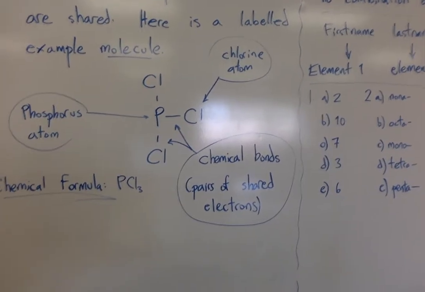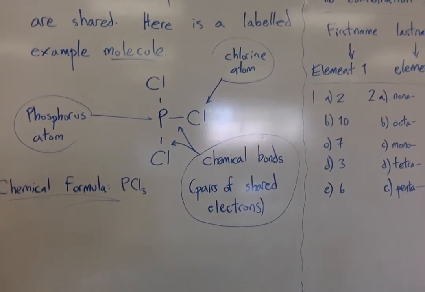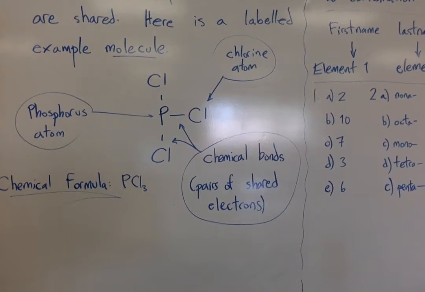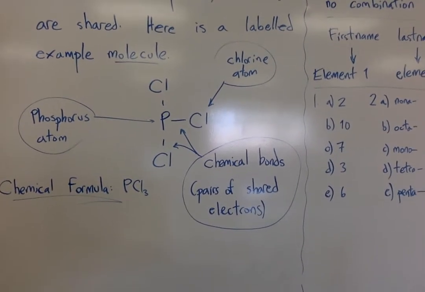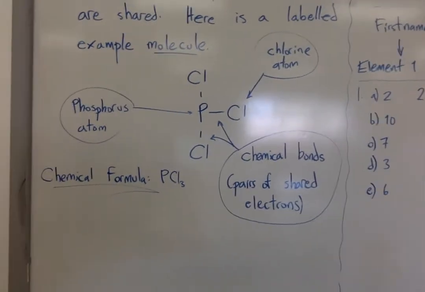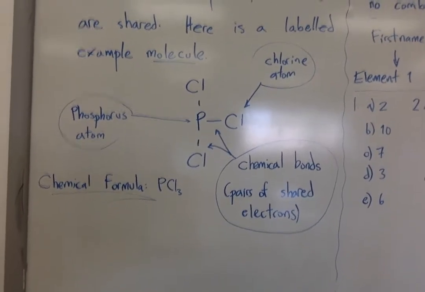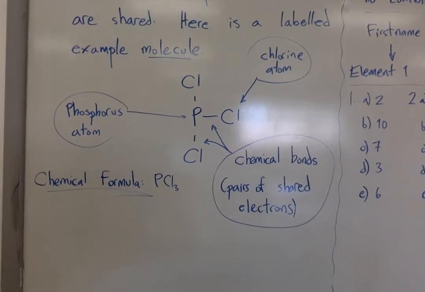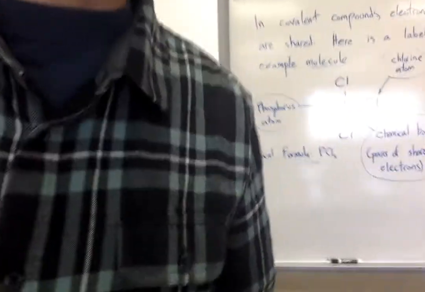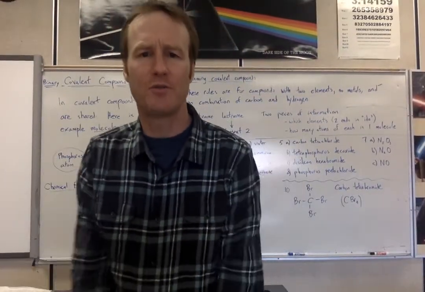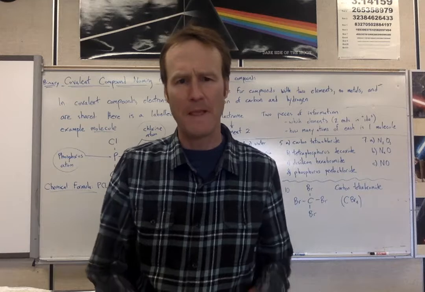The P for the phosphorus atom is in the middle, and it's bonded with single bonds to 3 chlorine atoms. So that's what's meant to be shown by a diagram of a molecule. There's going to be more of those later. The question for you guys is, how do you name these things? How do you name those molecules, and how do you give formulas for them?